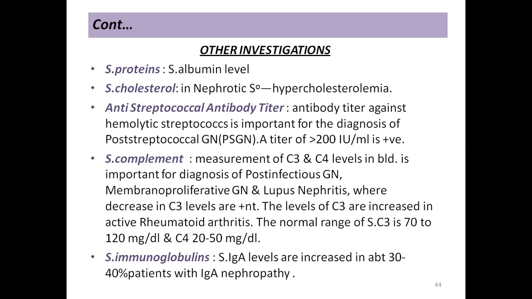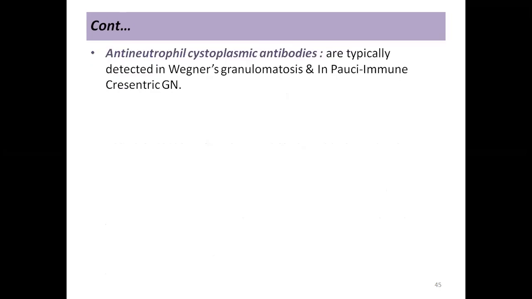Also, serum immunoglobulins are measured, like in cases of IgA nephropathy, where a high level of IgA might be seen. And also, if you remember, we have gone through Wegener's granulomatosis, and there is ANCA, that is anti-neutrophilic cytoplasmic antibodies.